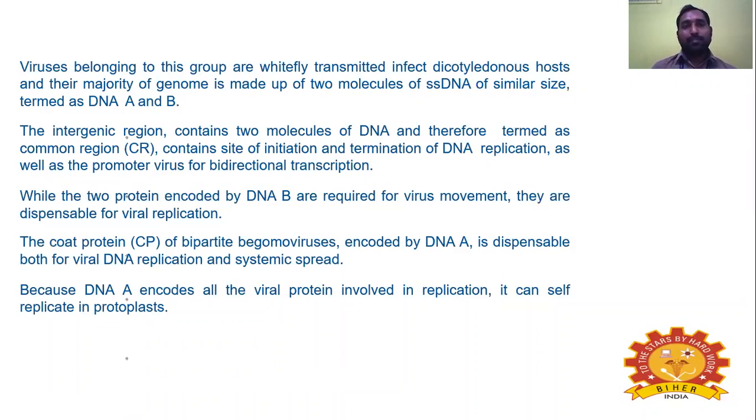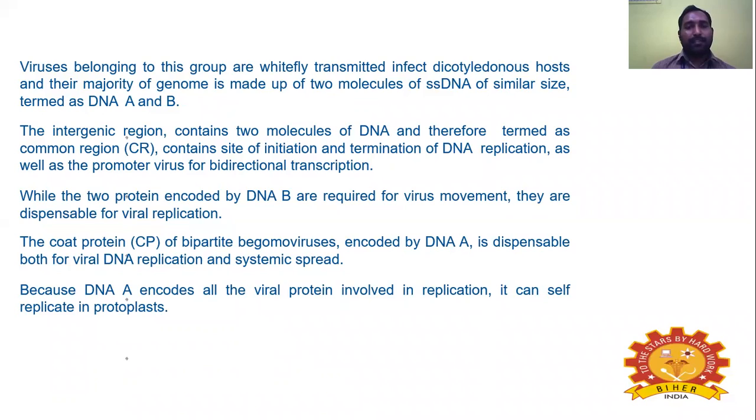The viruses belonging to this group are usually whitefly transmitted, infect dicotyledonous hosts, and the majority of the genome is made up of two molecules of single-strand DNA. These DNAs are similar in size, named DNA A and DNA B. The intergenic region shared by the two molecules of DNA is therefore named the common region, that is the CR region.